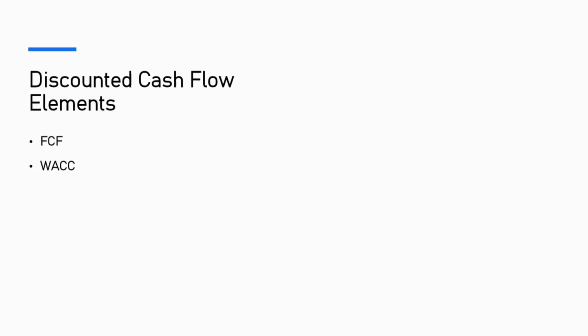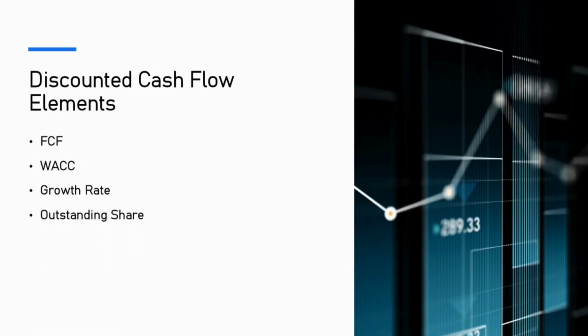Okay, so next is growth rate, which is the perpetual growth rate. This is the expected growth rate that a company will grow at for the coming years. It is taken around the 2 to 4% range. Next is outstanding shares.